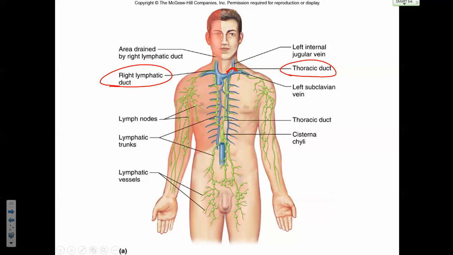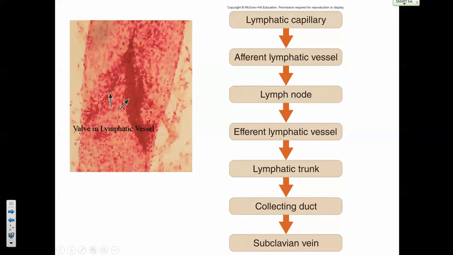Here is just that movement of lymph. It's going from lymph capillaries to lymph vessels, through the lymph nodes to other lymph vessels, and emptying into the trunks, then into the collecting ducts and into this subclavian vein.